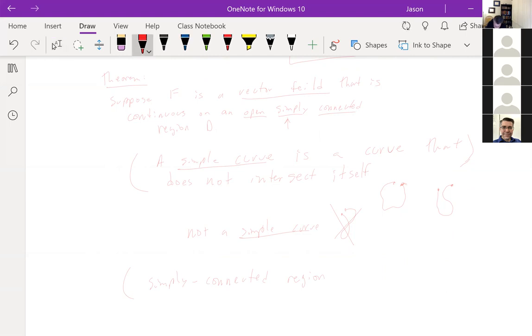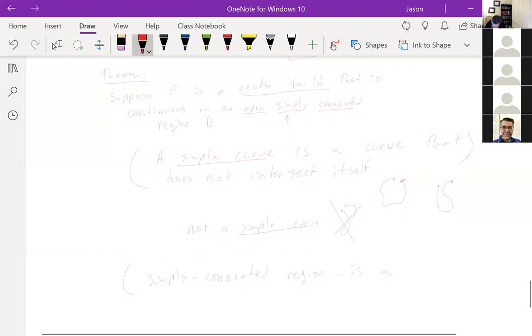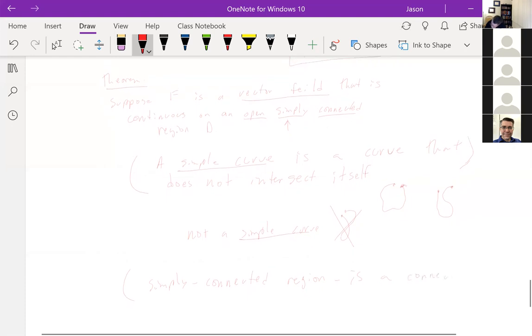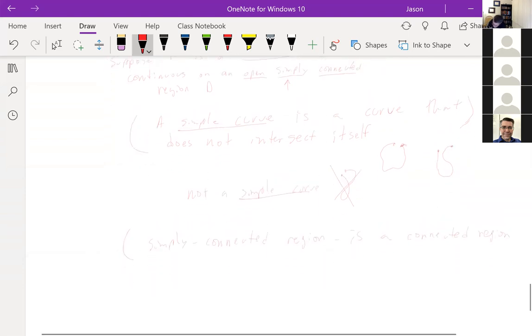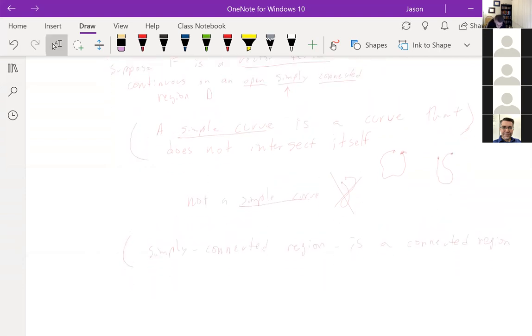Okay, so a simply connected region is a connected region. What does it mean to be connected? We'll get to that in a minute.